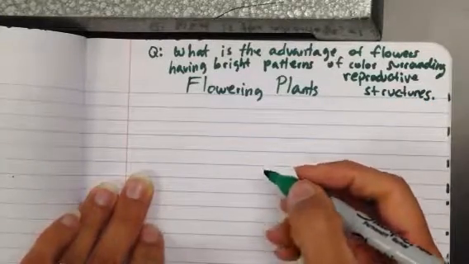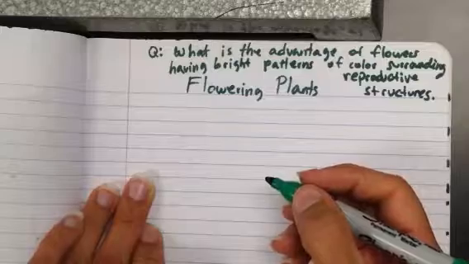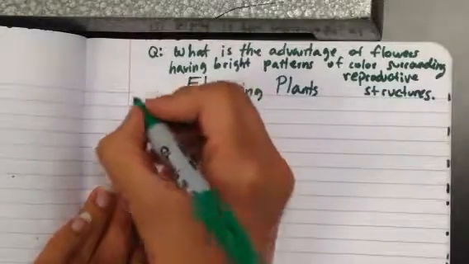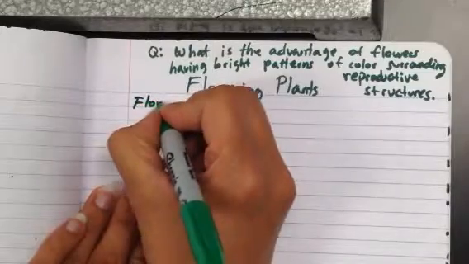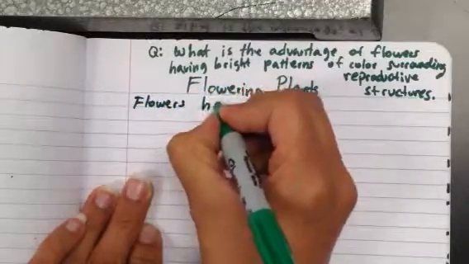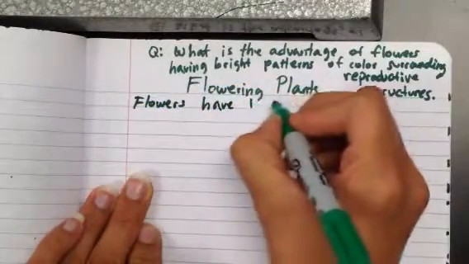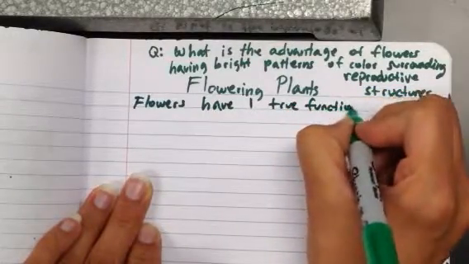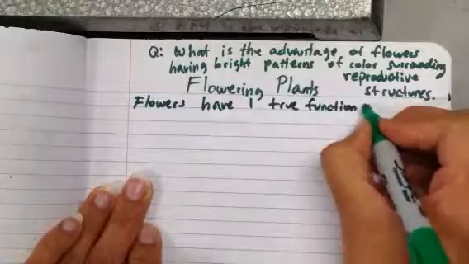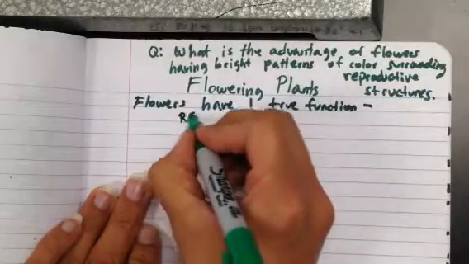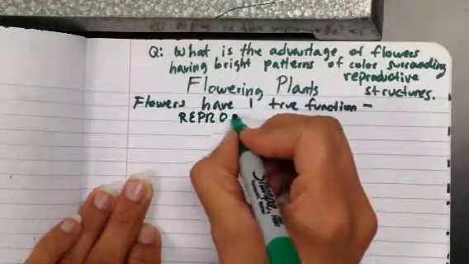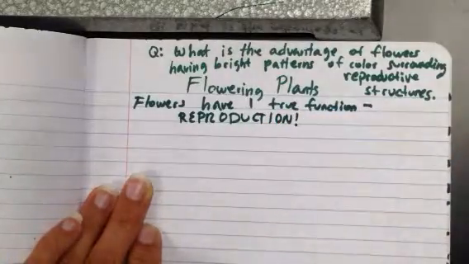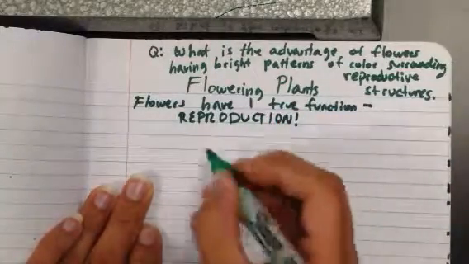Okay, so flowers come in all shapes and sizes of all colors, but despite all of this, flowers have one true function, which is reproduction. Yes, they're pretty, but their main function is to reproduce.